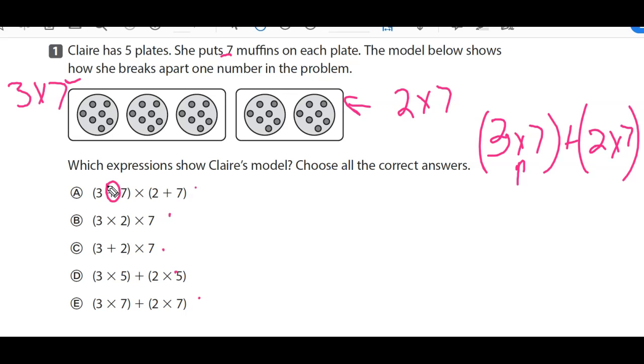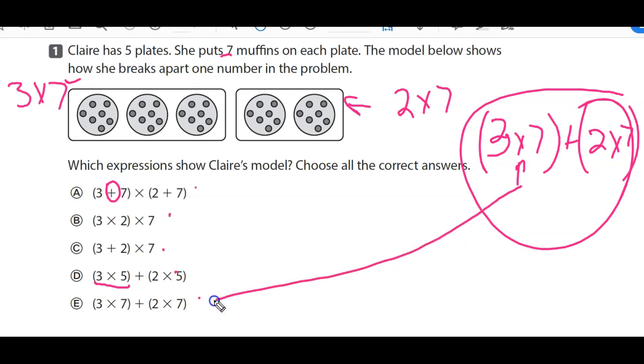No, because it's supposed to have 7s in it. It has to look like this. Okay? It can't be D because, well, it could be this, but this one right here tells me that there are 3 groups with 5 each. Are there 5 muffins in each one? No, there's 7. Okay? Obviously, this actually looks like letter E. Okay?